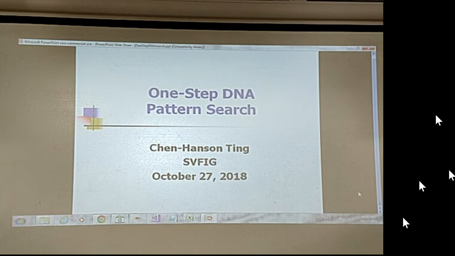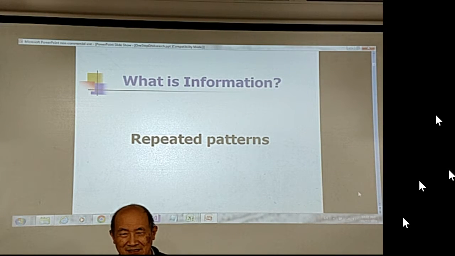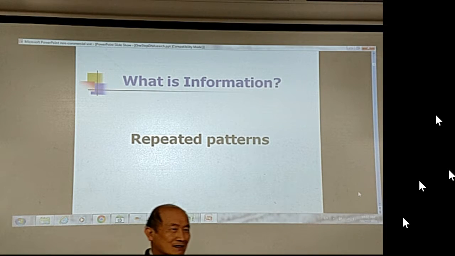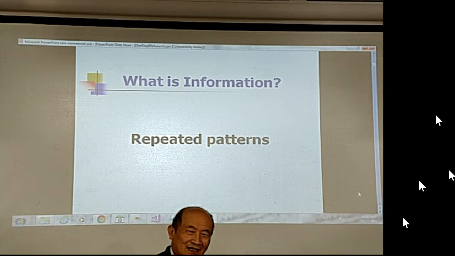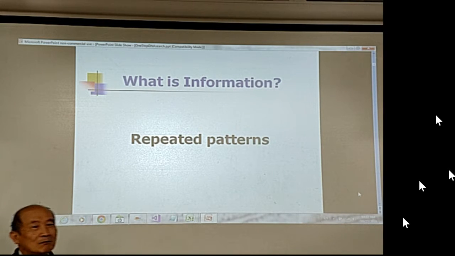So the basic question is, what is information? We have all the genome libraries, gigabytes of ACGT bases. What is the information? What can we expect from these long sequences of DNA?